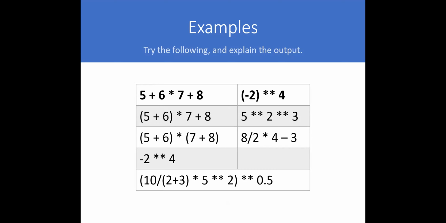Yes, exactly. It says 55, right? So it's better if you do not use Python to get the answer. So 6 times 7 is 42, 42 plus 8 is 50, 50 plus 5, 55.